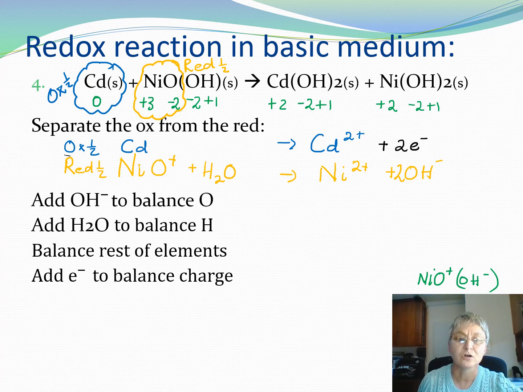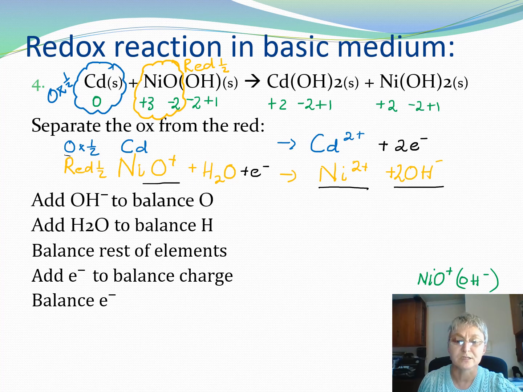In the reduction half reaction, we've got a +1 charge on the nickel oxide, and on the product side a 2+ and a 2 negative charge, making it a 0 charge, so we need to add an electron. Next step is to balance the electrons.